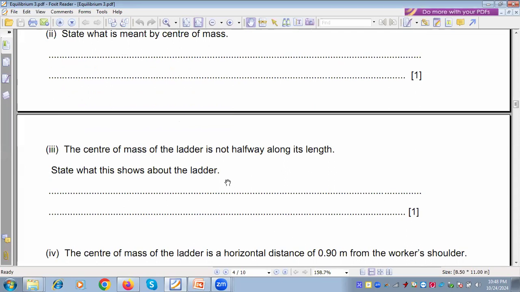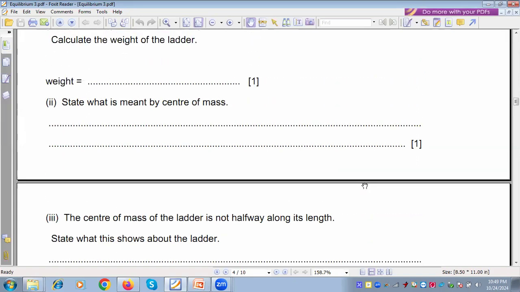Uniform meter rule means 100 centimeter long. Meter rule gives us two pieces of information: the length of the ruler is 100 centimeter and the center of gravity lies at 50. In the same way here, it is not halfway, means the mass distribution is not the same. It may be heavier at one side than the other. What it shows about the ladder: the mass is not distributed uniformly. One end is heavier than the other.